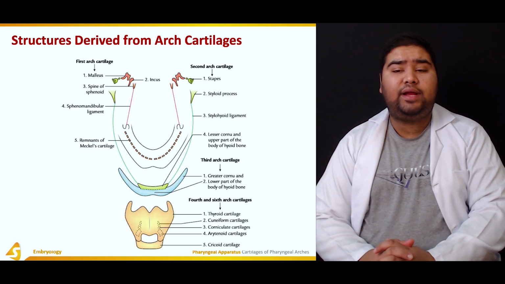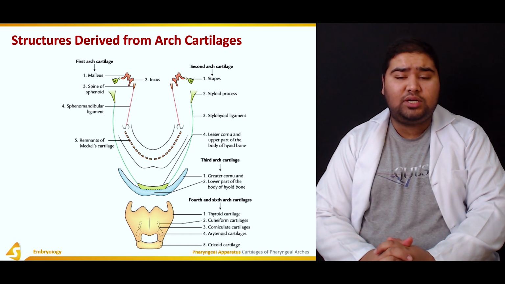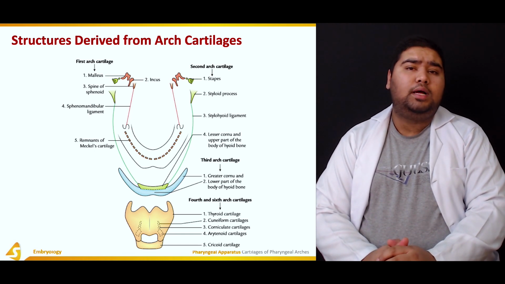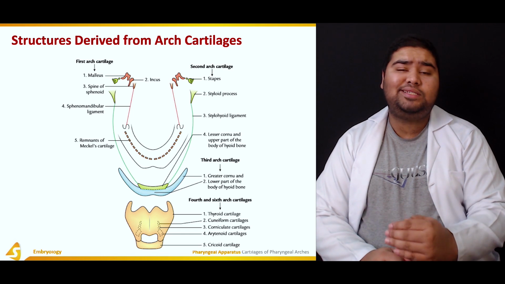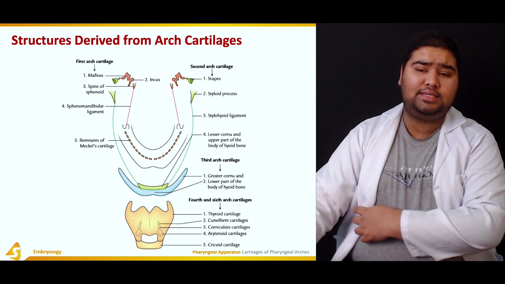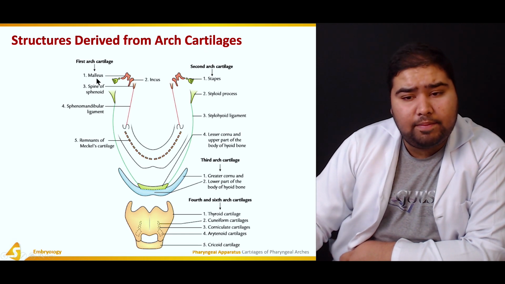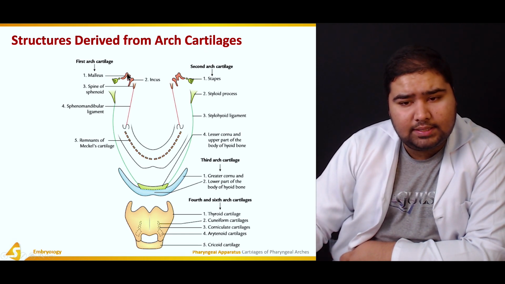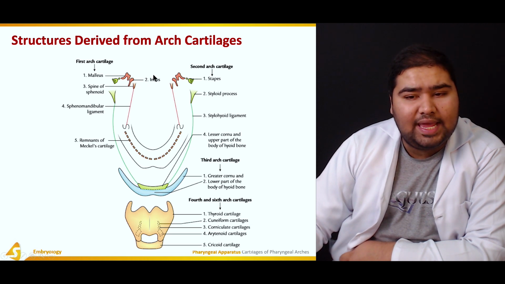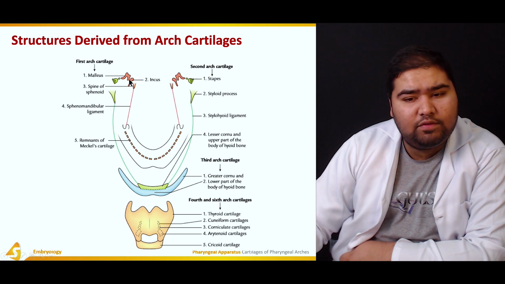So this figure summarizes the development of various structures from all the various cartilaginous structures of the pharyngeal arches. Let's get into it one by one. So the first pharyngeal arch forms the malleus, this bone in pink. It also forms the incus, this bone. So both incus and malleus have been formed.